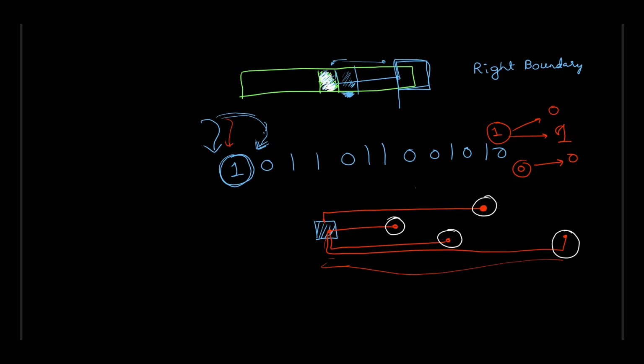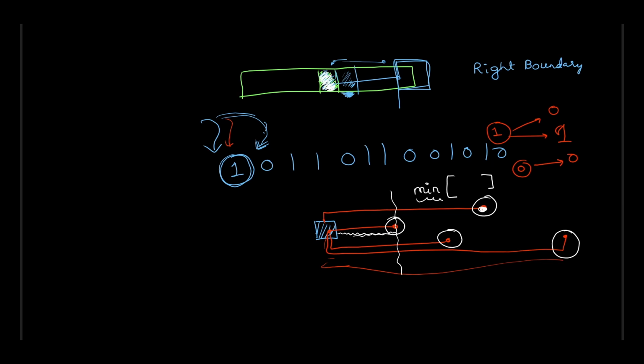It means that you have to select the minimum right boundary. If you define the right boundary for any bit position as the highest point up till which there will be no violation, then if you take the minimum right boundary, all the elements within it will respect both of these conditions.